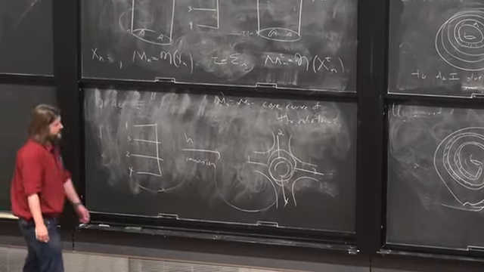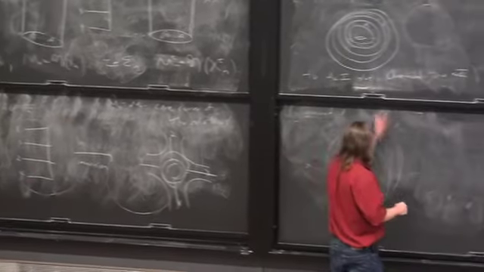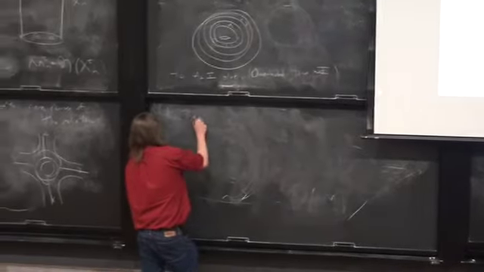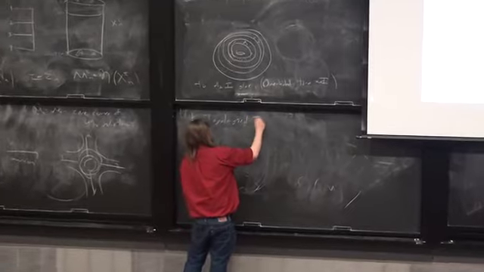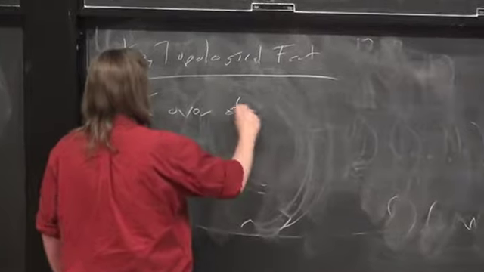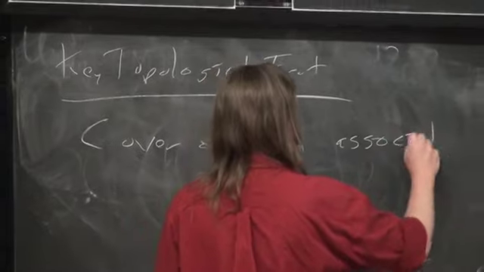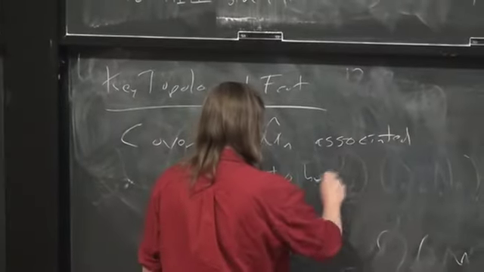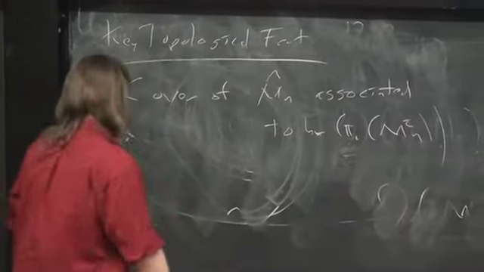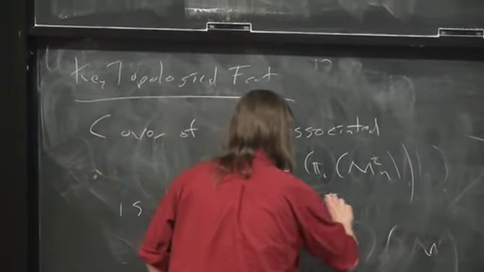Okay? And what's a key property of my immersion? If I take the cover, so key topological fact, is that the cover of M_n hat associated to H star of pi 1 of M tau n is homeomorphic to M tau n.